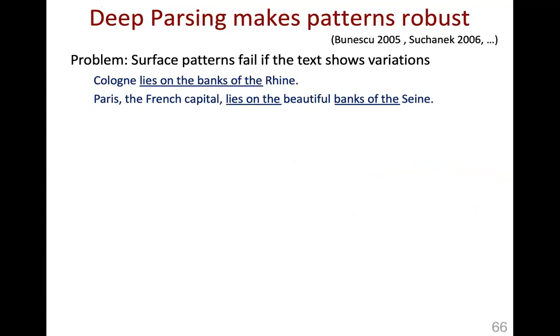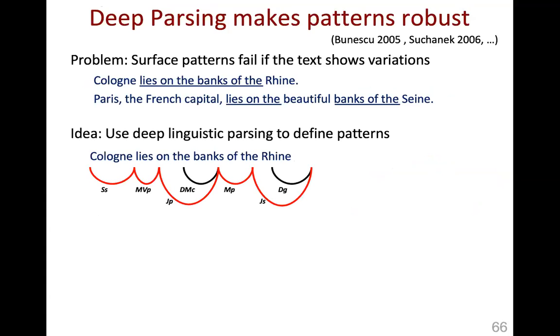So you can also do deep parsing. The problem they try to solve is that surface patterns fail if the text shows too much variation. For example, Cologne lies on the banks of the Rhine, right? Paris, the French capital, lies on the beautiful banks of the Seine, right? So sometimes there are more words inside, so we want to have linked relationships across some words that are inside, not just a direct relationship.